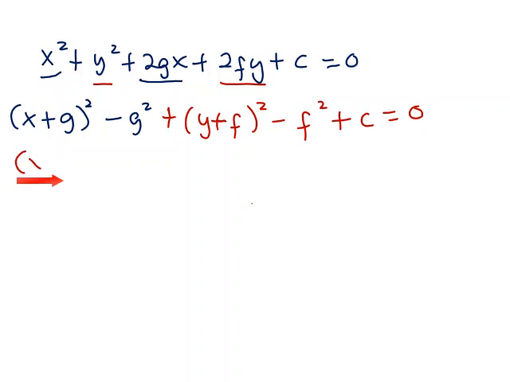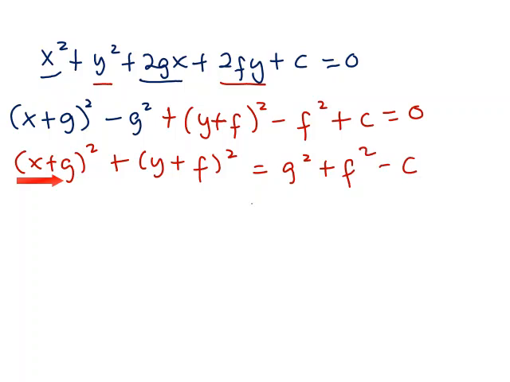So we're going to arrange all these terms: (x + g)^2 + (y + f)^2 = g^2 + f^2 - c.